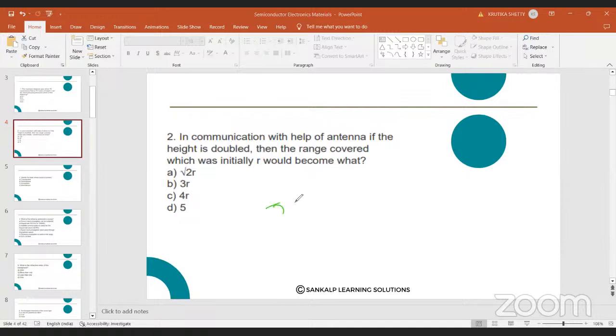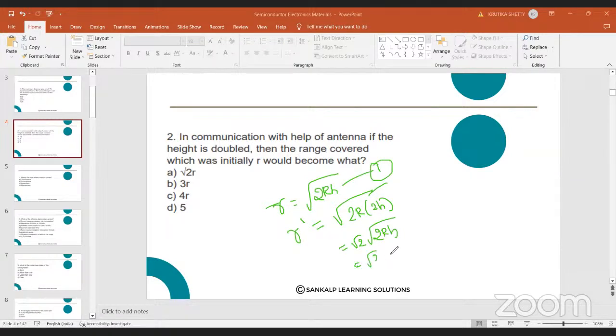The range, or the distance, is given by under root of 2rh. If it is doubled, it becomes 2r into (2h). So I will take root 2 outside, and what remains inside is under root of 2rh, which is nothing but root 2 into r.